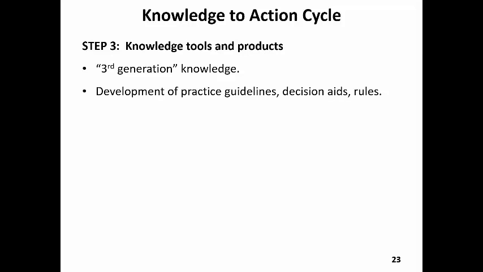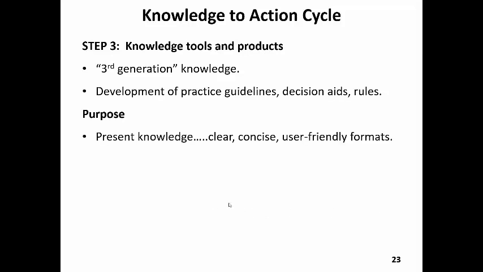And so this refers to the development of practice guidelines for practitioners, perhaps even for patients, decision aids, and rules that would not necessarily require the end user to go back and read in depth the first generation original studies. And so the purpose of the third generation knowledge at step 3 is to present the collection of all that information from steps 1 and 2 in a very clear, very concise, very user-friendly format.